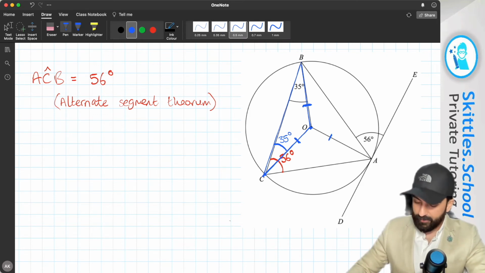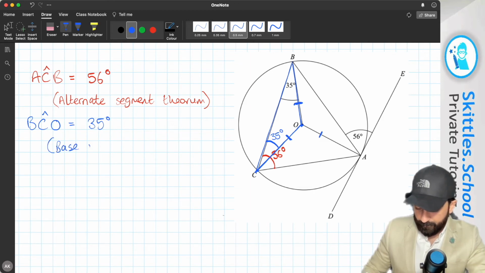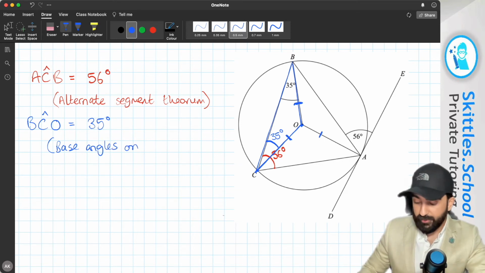So we can say that angle BCO is also equal to 35 degrees. We can give the reason, and it's the base angle on the isosceles triangle.